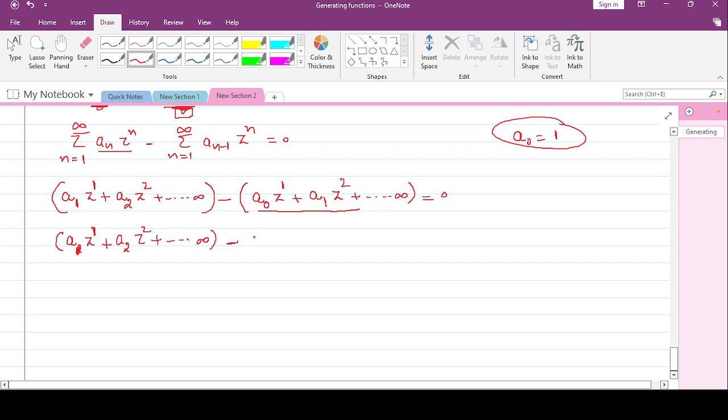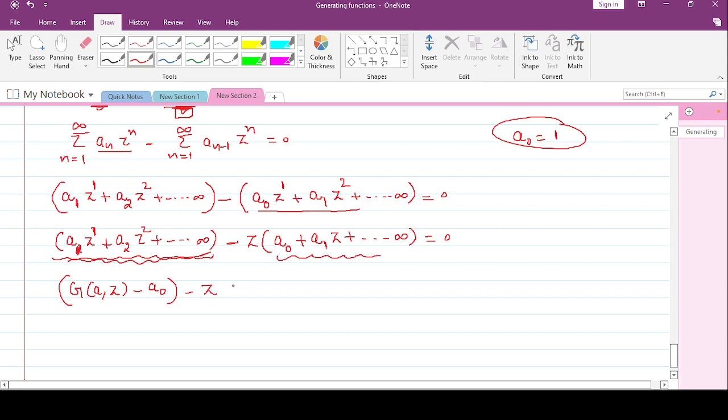So in order to balance it, you take z common, so it is z times a_0 plus a_1 z and so on up to infinity. Now in terms of G(z), the formula is G(z) minus a_0, and minus z times G(z). This is the generating function.